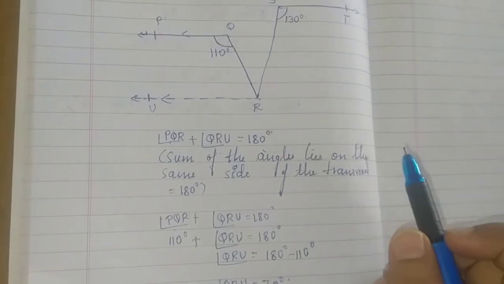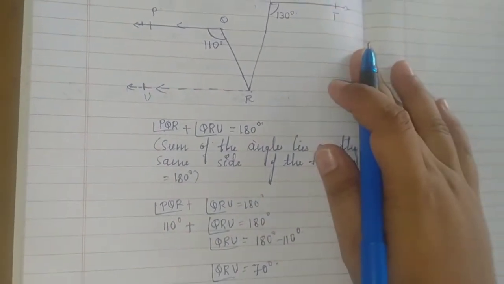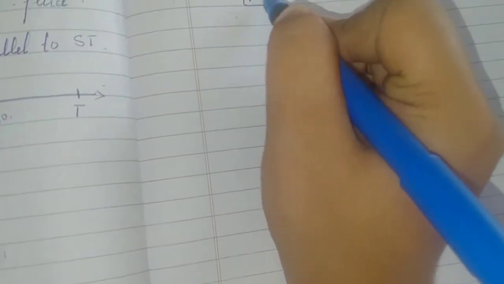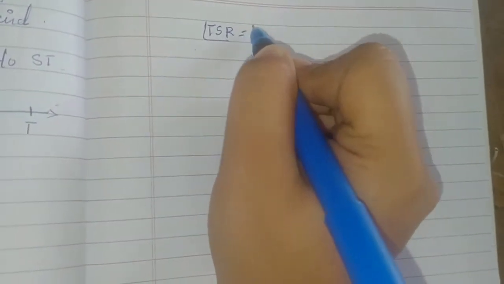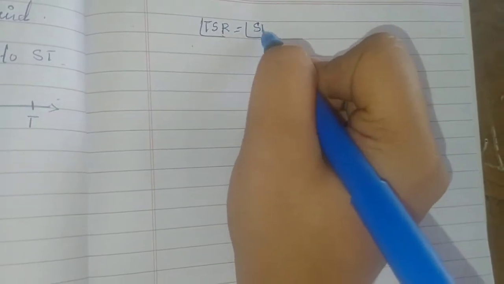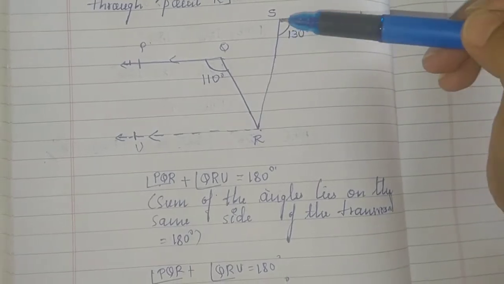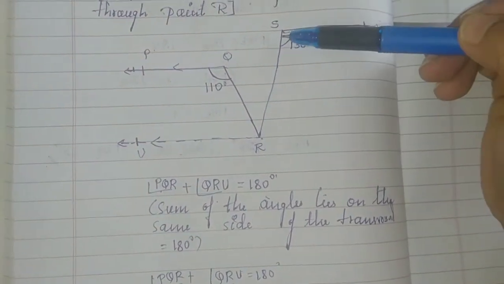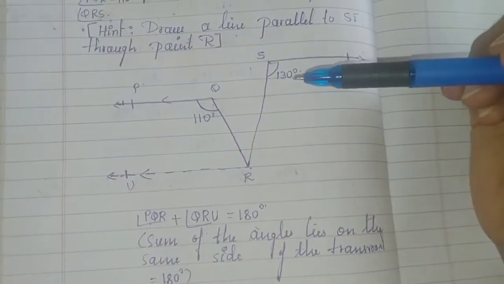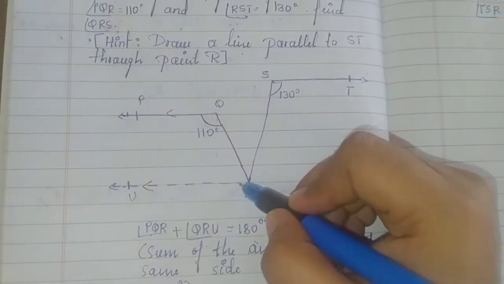Now we will see the next thing, angle TSR. I'm going to write that angle TSR is equal to angle SRU. Why? Because these two are alternate angles.